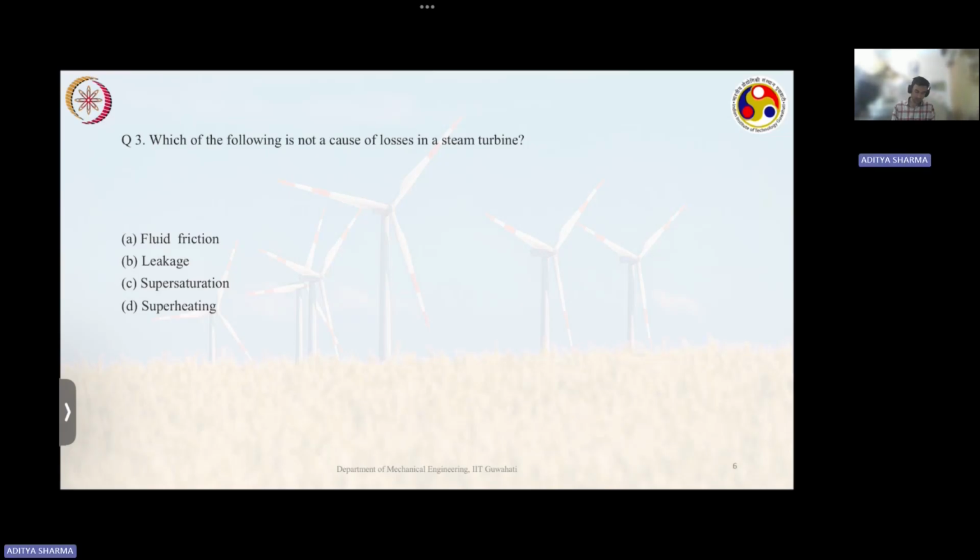The question says which of the following is not a cause of losses in steam turbine. Fluid friction, no, fluid friction is the major cause of losses. Leakage, no, leakage is a cause of losses. We have seen it in reaction turbines very well.